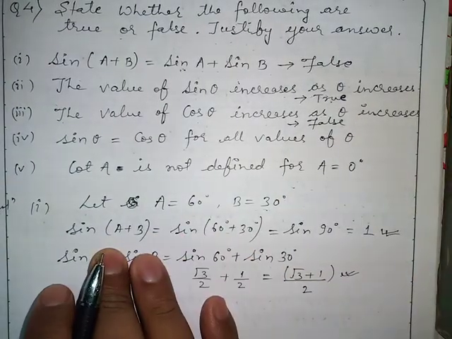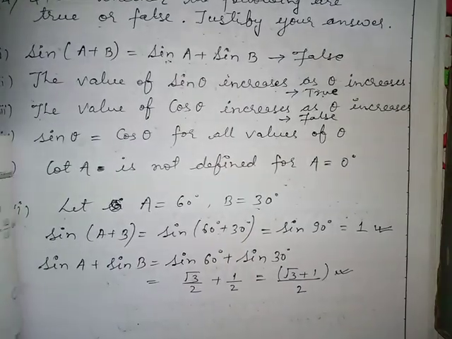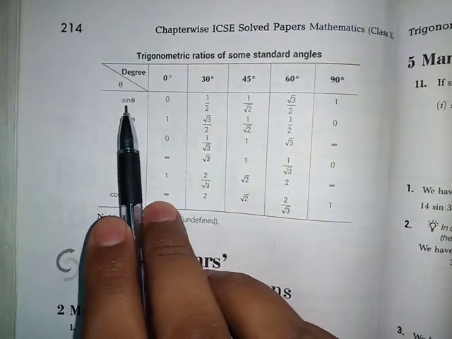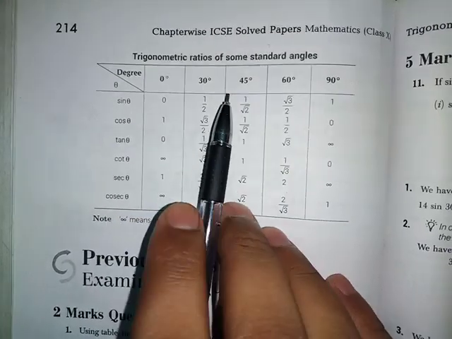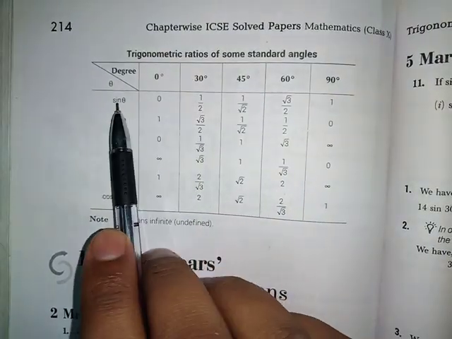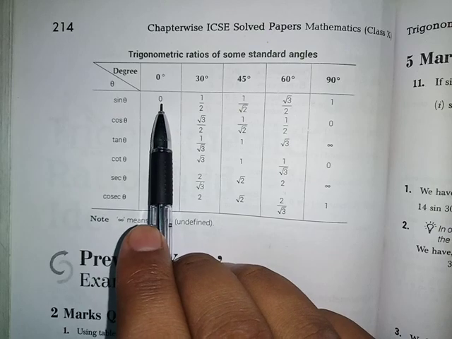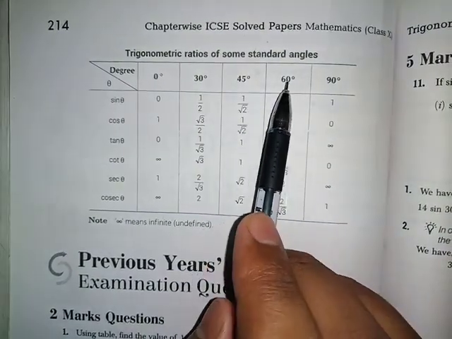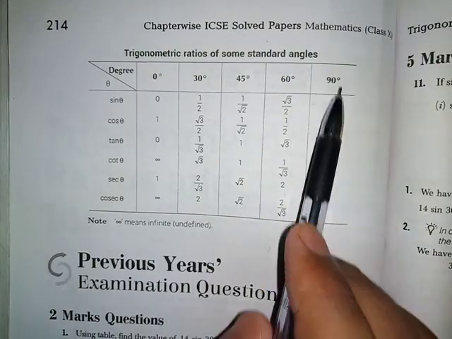I am showing you. Okay, see this chart. The value of sine theta increases as the value of theta increases. If theta is 0, sine theta is 0. Sine 30 is 1 by 2, sine 45 is 1 by root 2, sine 60 is root 3 by 2, sine 90 is 1.